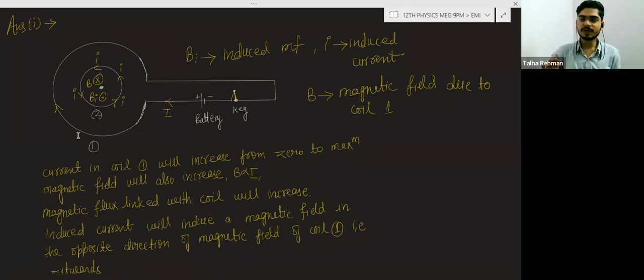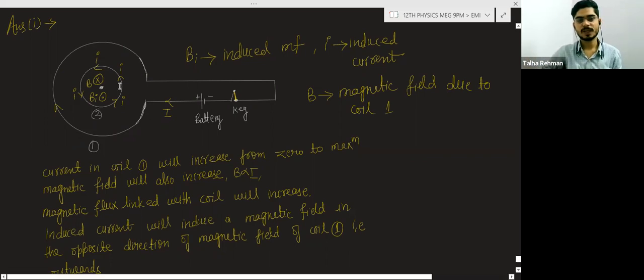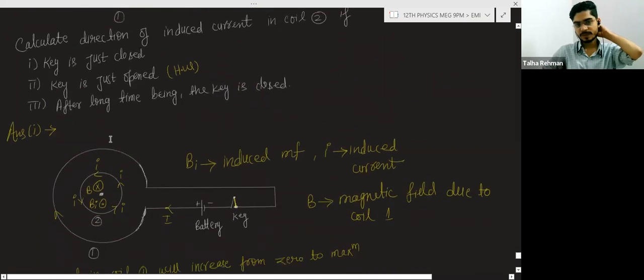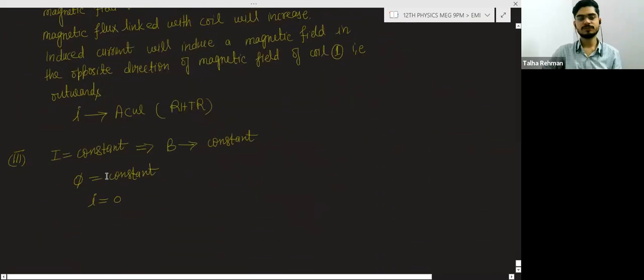So you will apply the right hand rule. Point your thumb in the direction of the magnetic field, inwards, and curve like this. So this direction means the clockwise direction will be there for the coil number second, induced current, for the second part. Okay, write down this now.